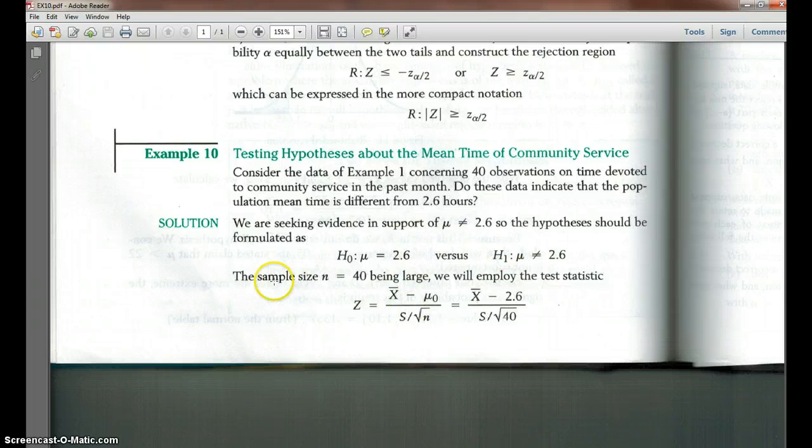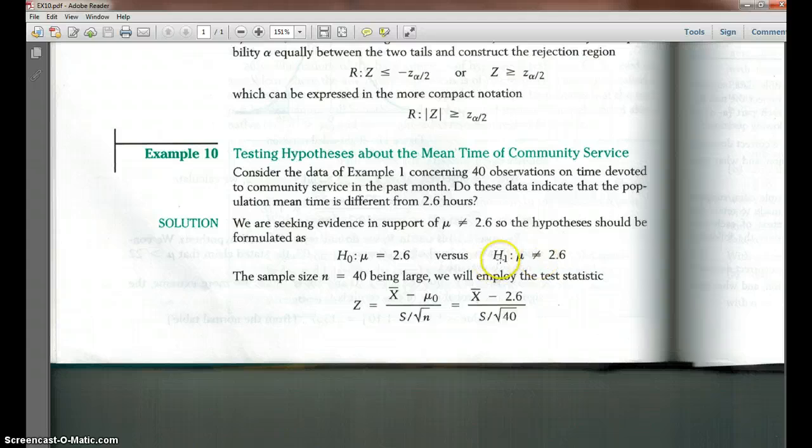The sample size is 40, and again the steps are the same. We find the cutoff point, and then we convert the x bar to the corresponding z-value. Since mu is not equal to 2.6, it's equivalent to say mu is either bigger than 2.6 or less than 2.6.